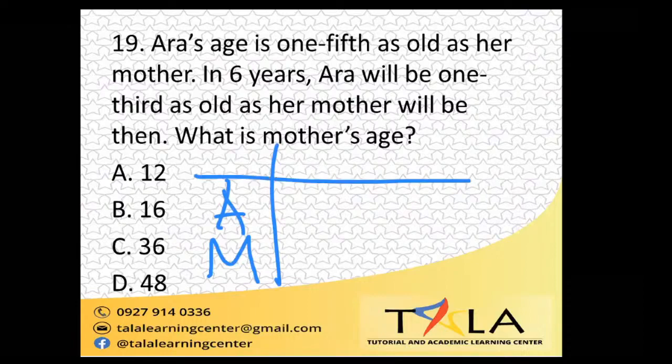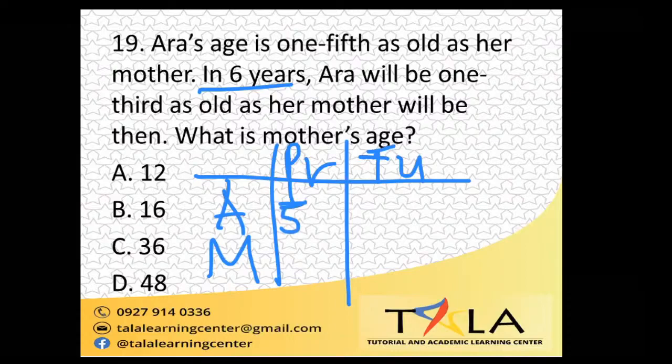So dahil wala namang past na pinag-uusapan dito in 6 years, all I need is the present and the future. So sabi, Ara's age is 1/5 daw nung edad ni mother. 1/5 x or x over 5. So si mother, syempre x. Tignan natin.